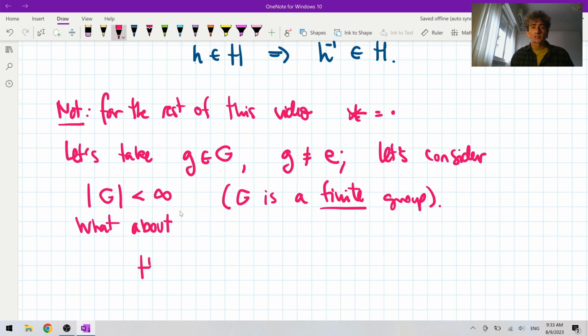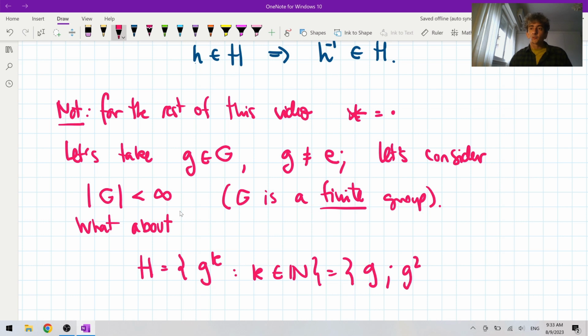Let's call it H, and we're going to be taking a look at g to the kth power, where k is a natural number. So this is a collection that contains g, g squared, g to the third power, g to the fourth power, and so on.